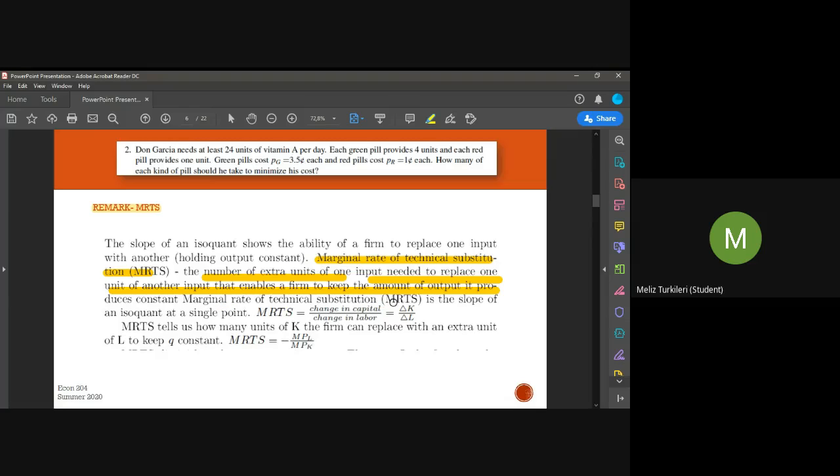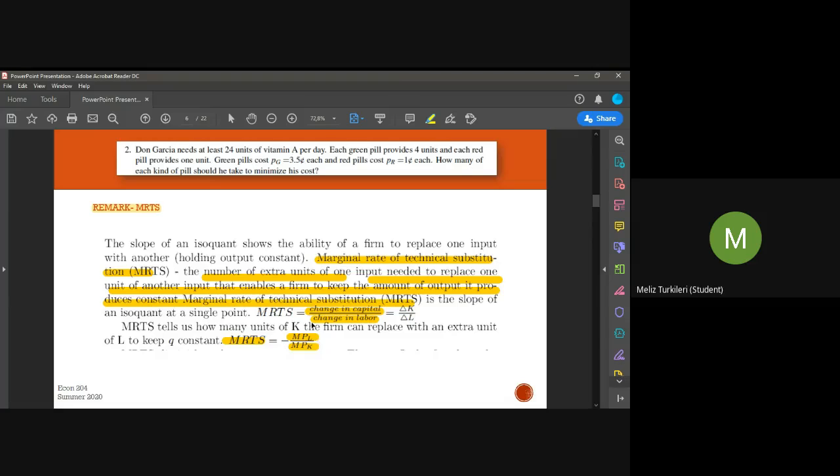How can we formalize this? It is the change in capital with respect to change in labor. So you can argue that the marginal rate of technical substitution is equal to the negative of the marginal product of labor divided by the marginal product of capital.